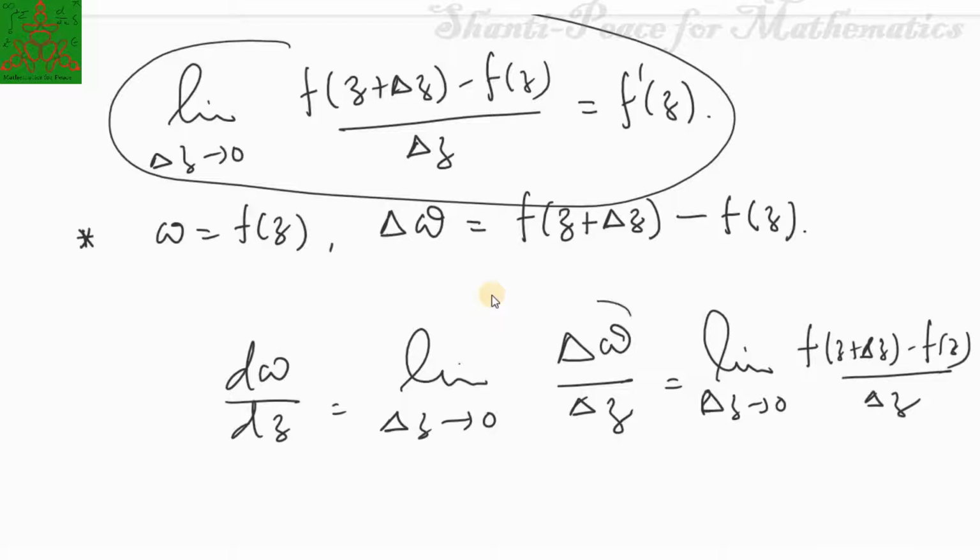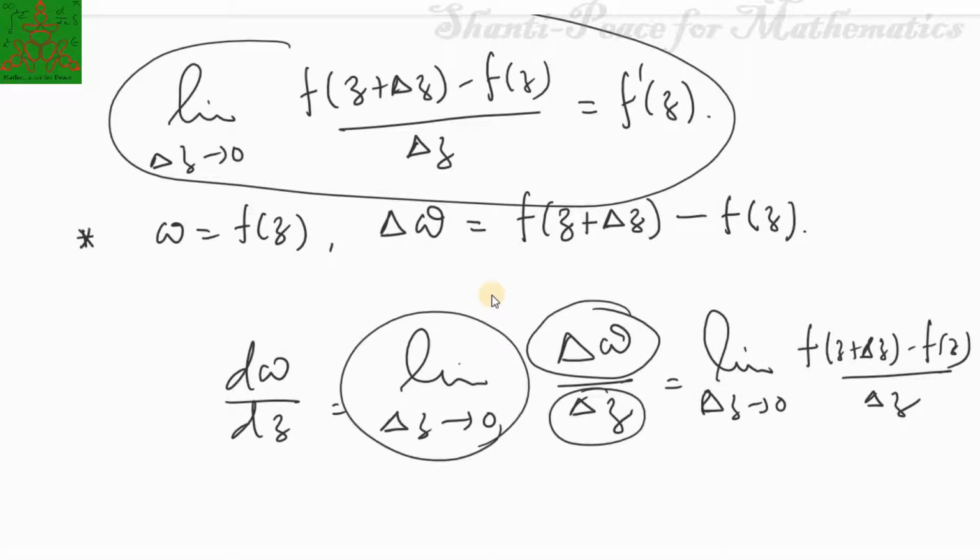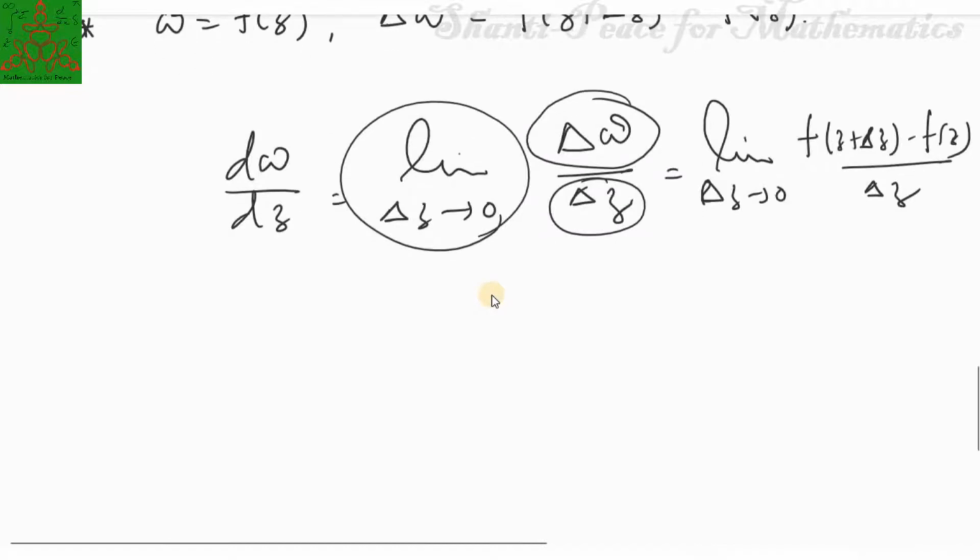So it is actually a change in w upon a change in z, and due to this limit it is the instantaneous change, so that's why you get the instantaneous rate of change. Now with this different form of the definition of a derivative, let us talk about some examples.